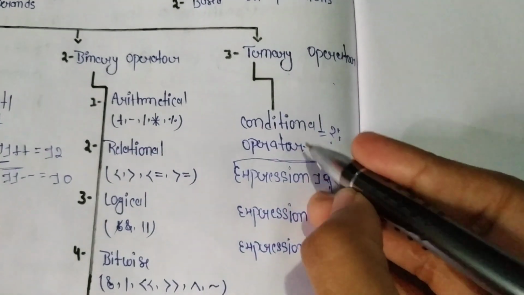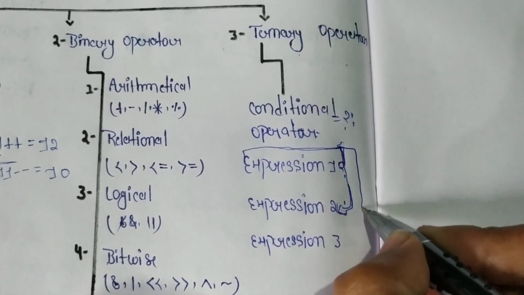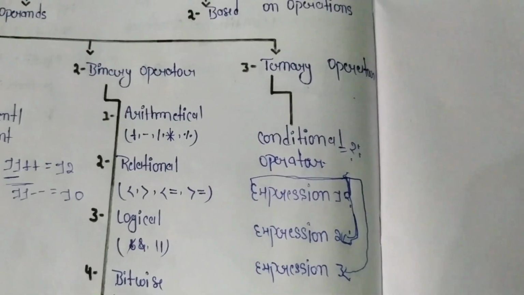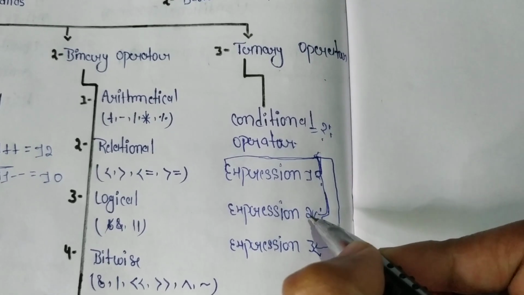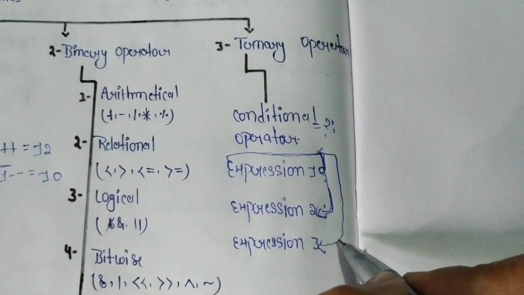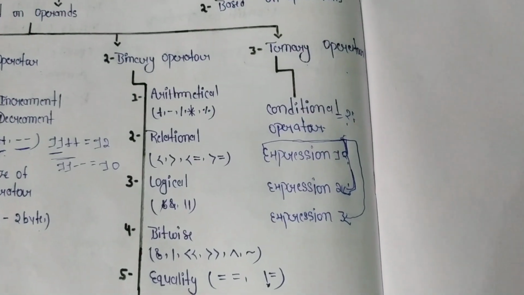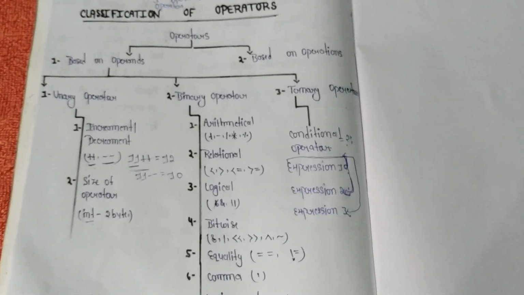If expression 1 is false, then we reach expression 3. So when expression 1 is true, control goes to expression 2, and if condition 1 is false, control goes to expression 3. I hope these operators and the classification of operators are clear.